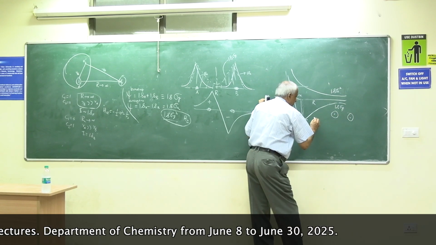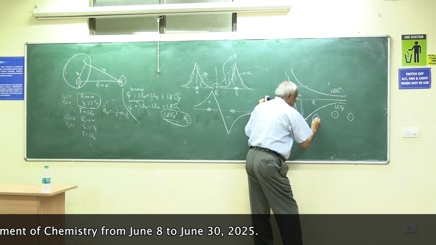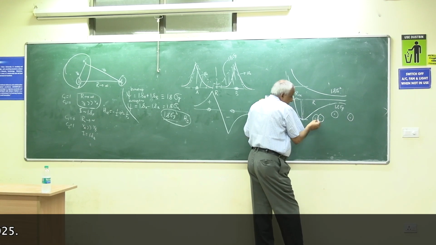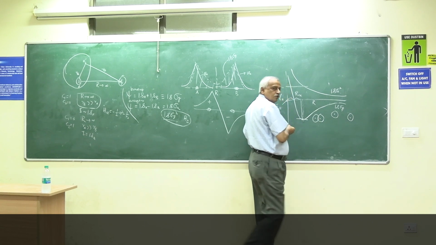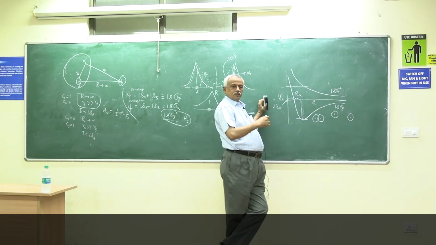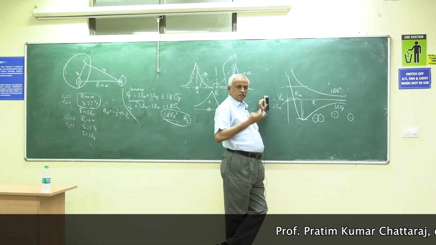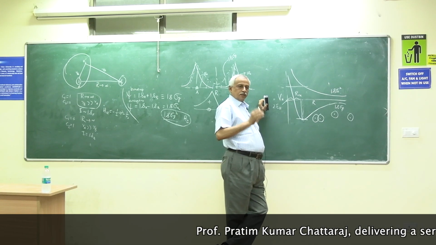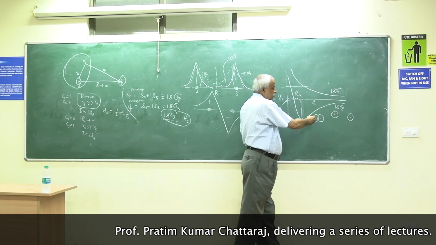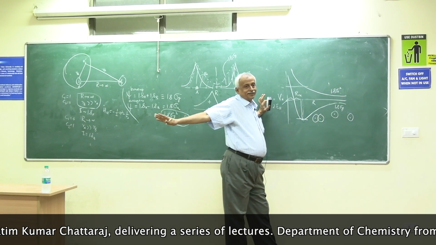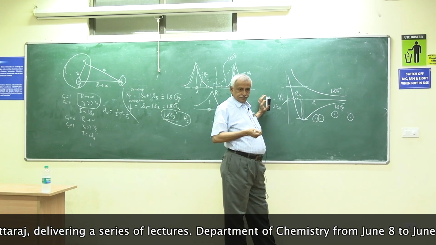But ultimately, when we keep on bringing them closer, you can see some extra electron density coming in between the nuclei. That means electron-nuclear attraction is increasing in between the nuclei, and accordingly the energy goes down. But here electron-nuclear attraction is increasing somewhere else, so the energy will go up.